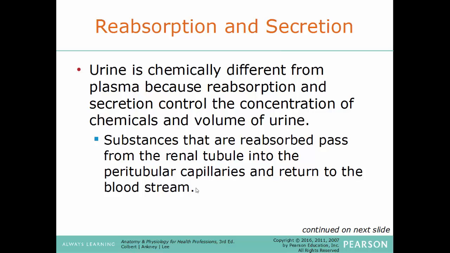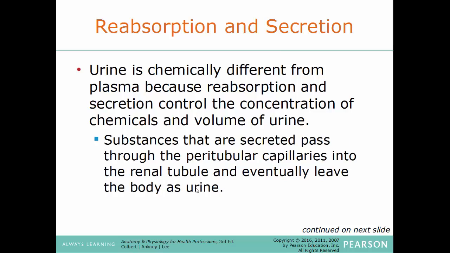It's being reabsorbed from the renal tubule, not into the tubule. That's where people get confused. Tubular reabsorption is reabsorbing material from the tubule. And substances that are secreted will pass from the blood capillaries, the peritubular capillaries, and enter the renal tubule, and eventually leave as urine. So tubular secretion is material being secreted into the renal tubule.